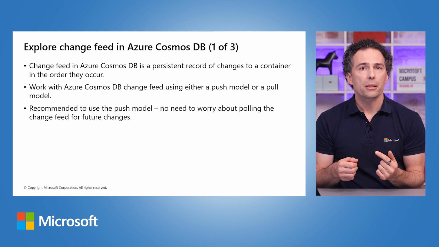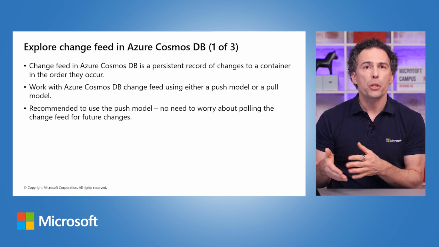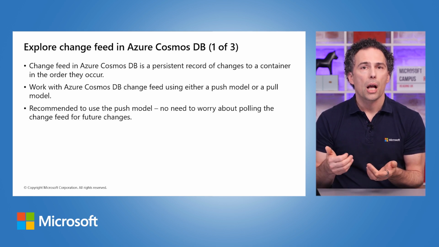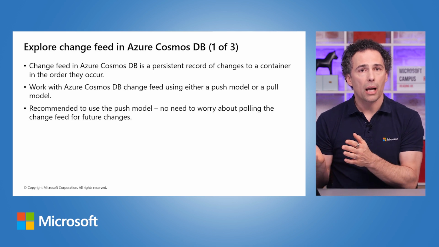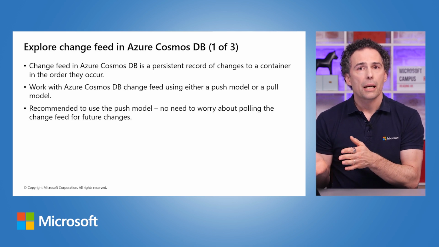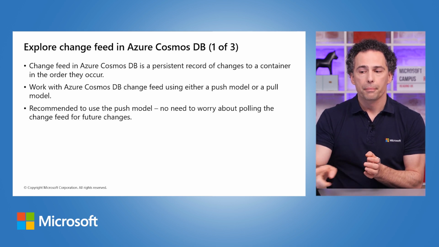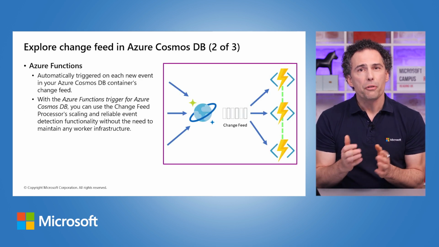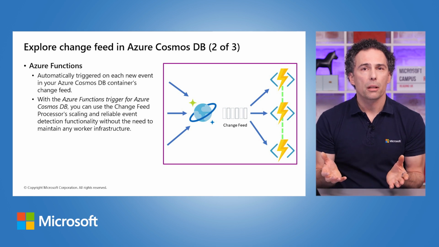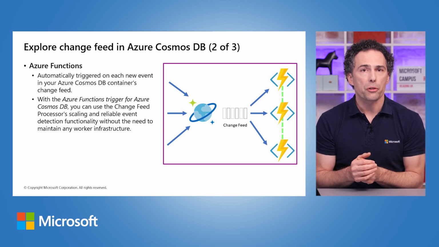There are two methods to access the change feed using a push model: Azure Cosmos DB triggers for Azure Functions, and the change feed processor library. Azure Functions provides the simplest way to connect to the change feed.